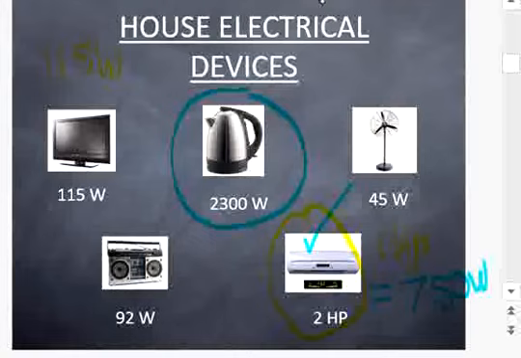Why? Some of you at home switch on the air conditioner 24 hours. But the kettle, you only use it for a couple of minutes. Even though the power is high, the usage is only a short period of time. So over a long period of time, the air conditioner will use a large amount of electrical energy.